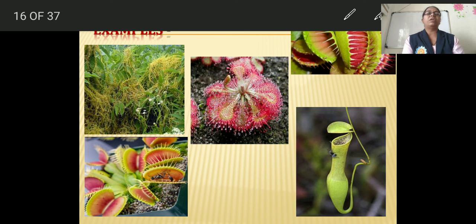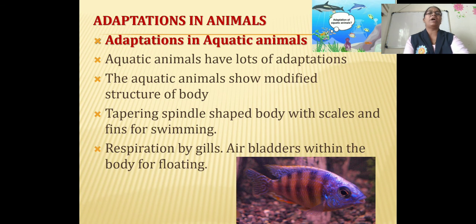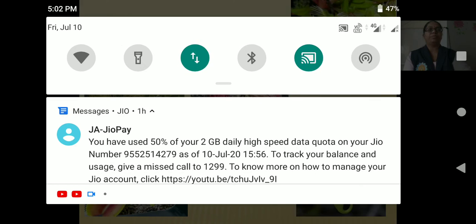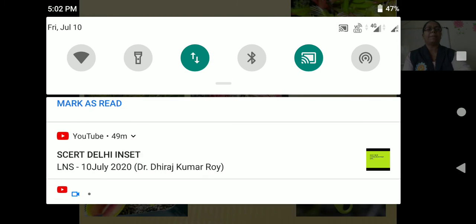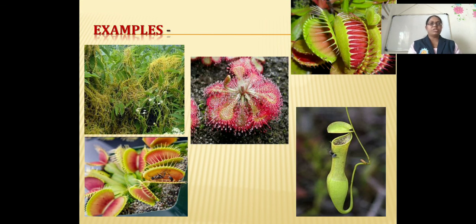Second ones are Venus flytrap, Drosera, pitcher plant. So these are the insectivorous plants having some adaptations to fulfill their needs. So that is all about adaptation in plants.